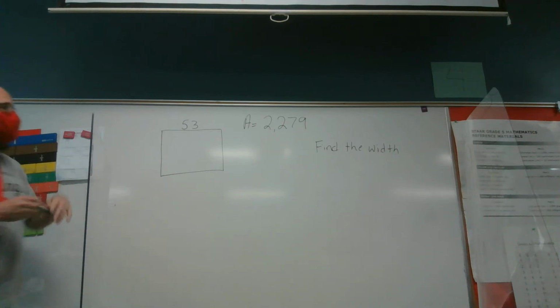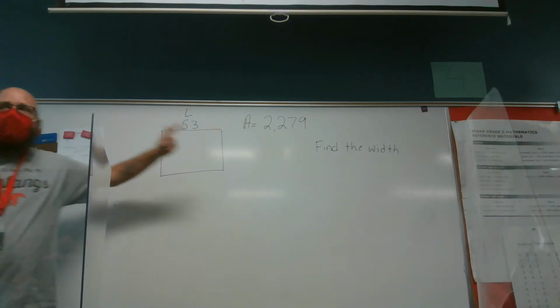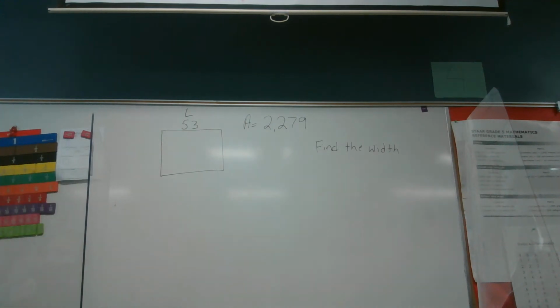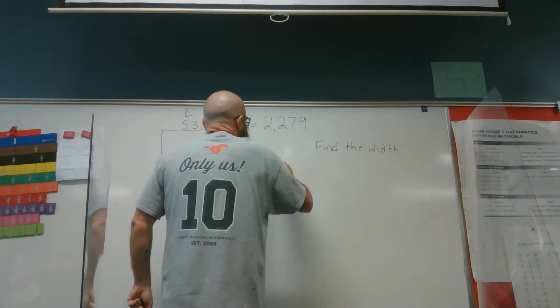It gives us the length, and it gives us the area, so that helps me figure out which formula I want to use. I want to use the formula for area because it gives me two of those three things that I need. So I'm going to write down my formula for area. Area equals length times width.